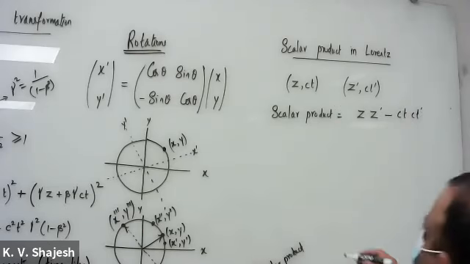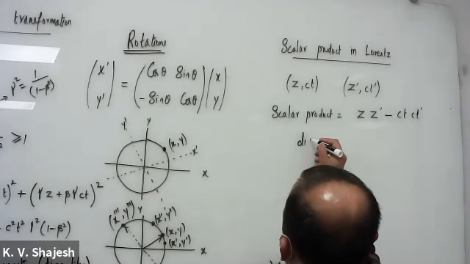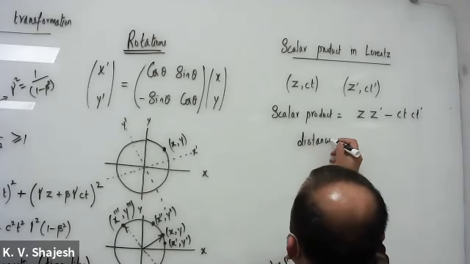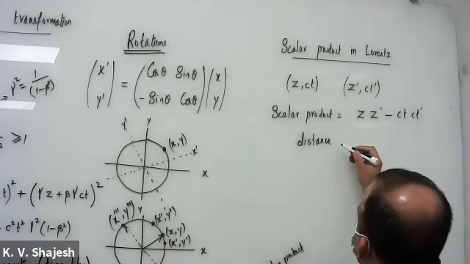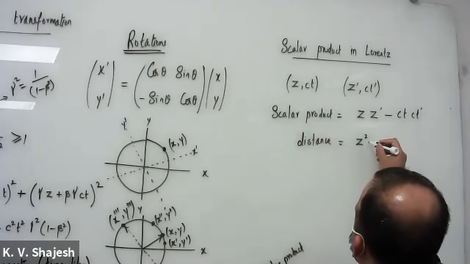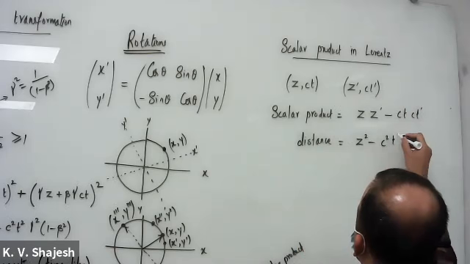So distance, when you set Z equal to Z prime, is equal to Z squared minus C squared T squared.